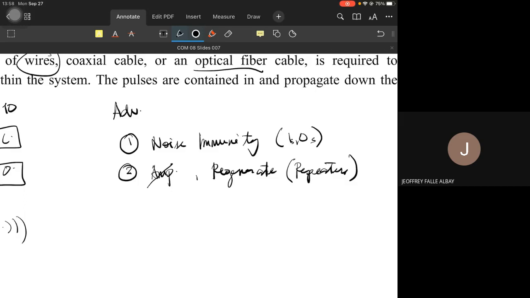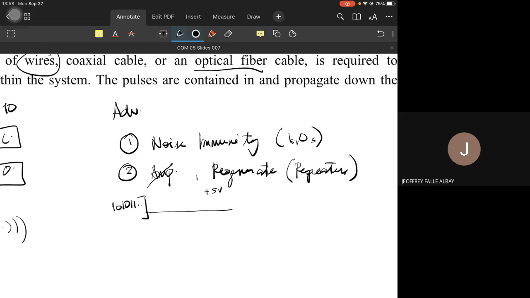Let's say, for example, we are given streams of ones and zeros, and the output signal is 5 volts maximum.